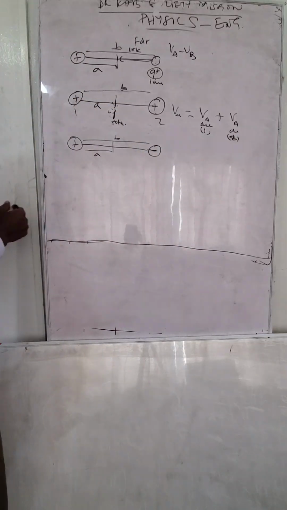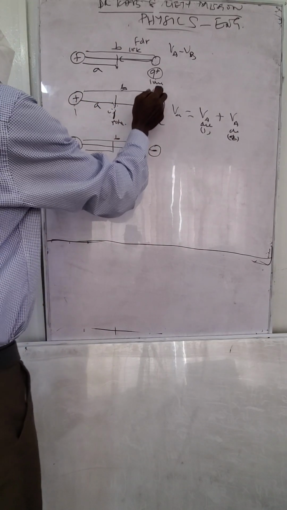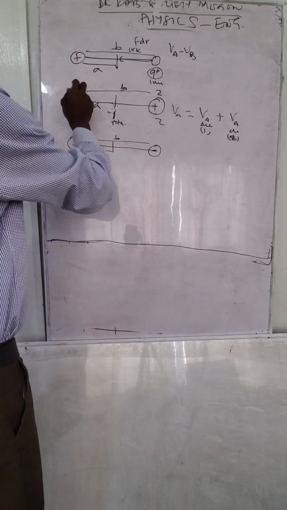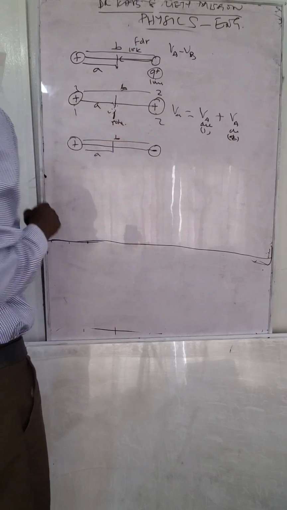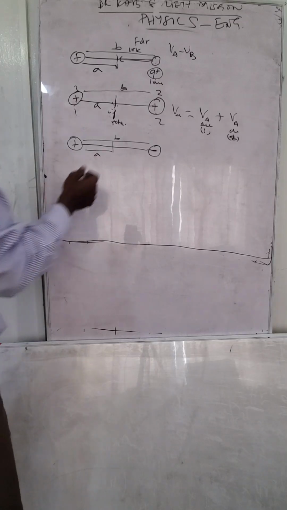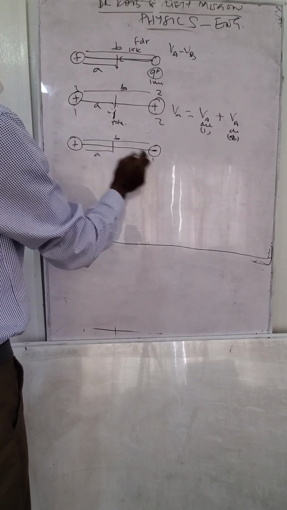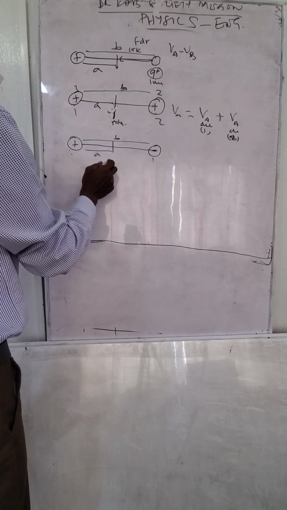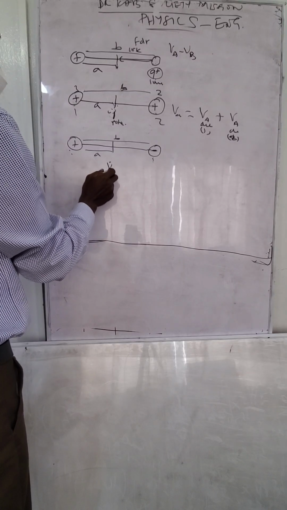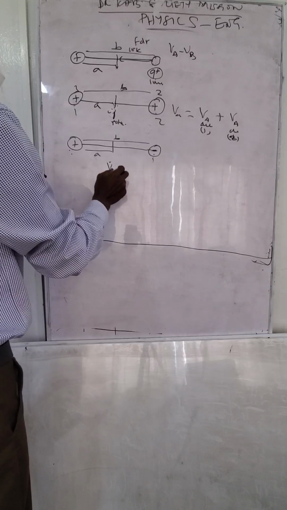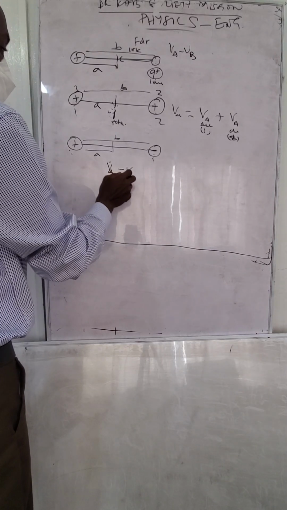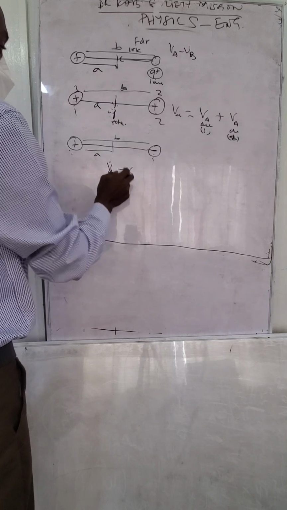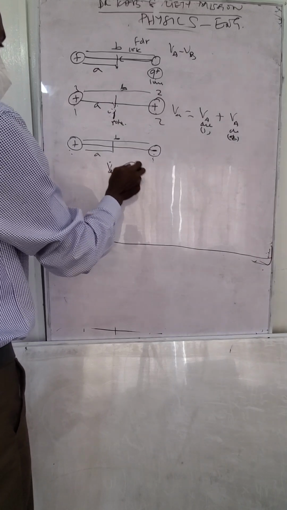So if this charge here is 2 and this is 2, then whatever they contribute here is going to be times 2. Now if one is negative and this is positive, this will maintain the voltage that it would have given us at A, but this is going to be negative, so it's going to be minus VA here. This is the potential due to this one.